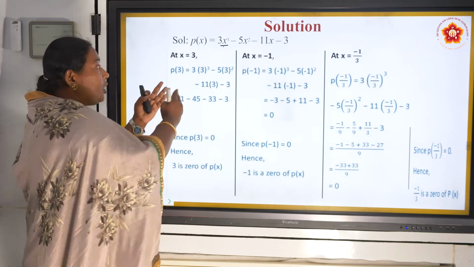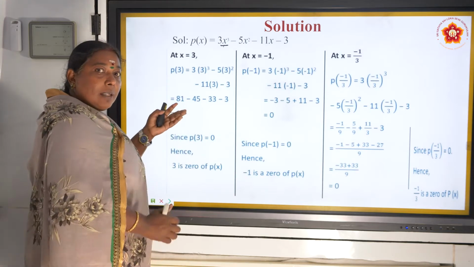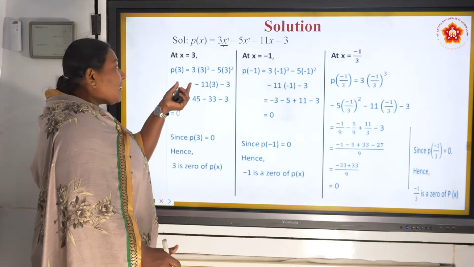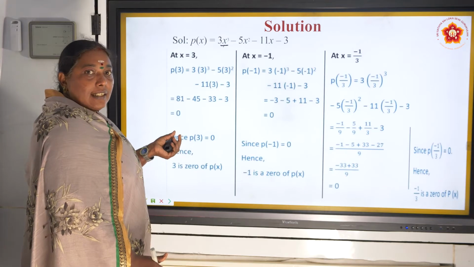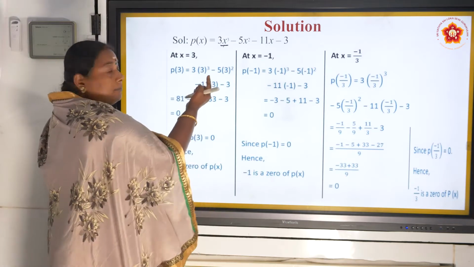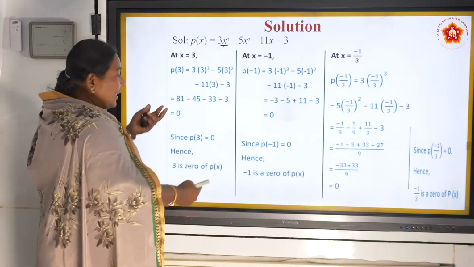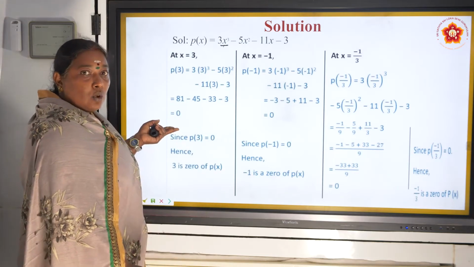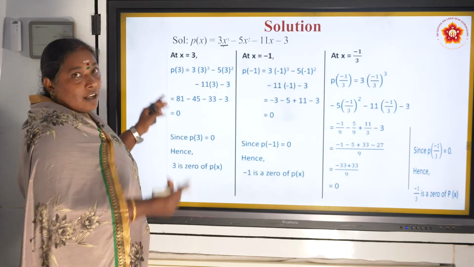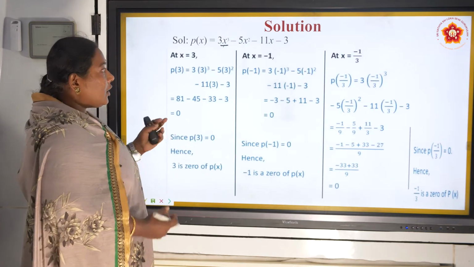Here no variables are there, all became constants. Just by calculation I'll get the answer. 3 cube is 27, into 3 is 81. If you calculate it, you will get the answer as 0. I think you got it. Just verify whether your answer is correct or not.